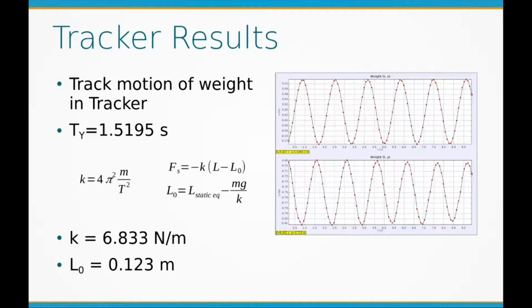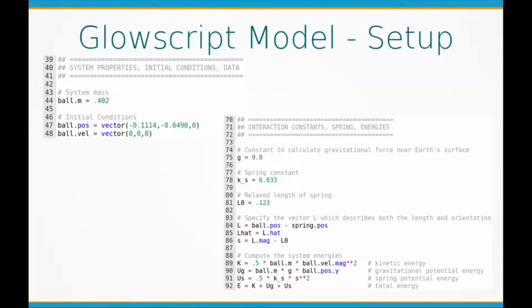And once we have that, we're able to solve for the rest length of our spring. So we get a spring constant of 6.83 newtons per meter, and we get an unloaded length of 0.123 meters for our spring.